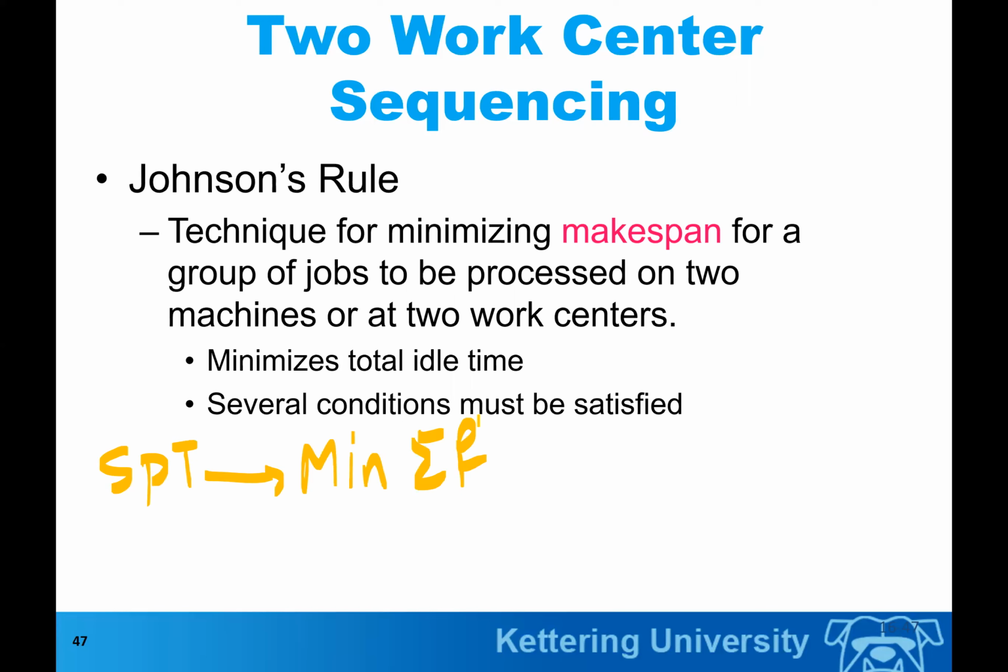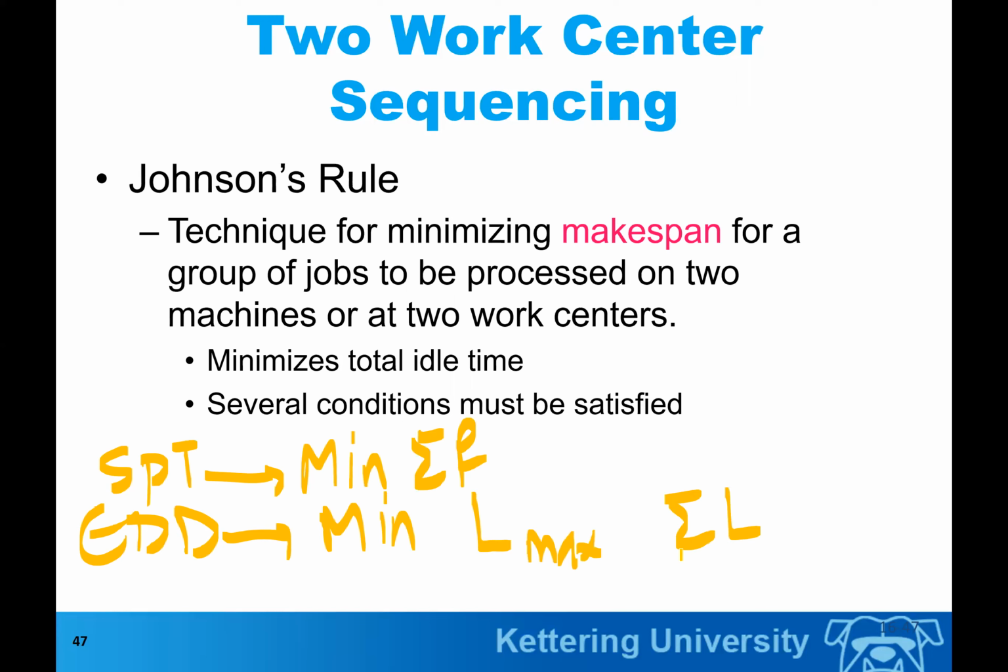For EDD, we wanted to minimize lateness, Lmax, or total lateness, or tardiness, another name for that. And for the critical ratio, again, we wanted to minimize Lmax or total completion time.